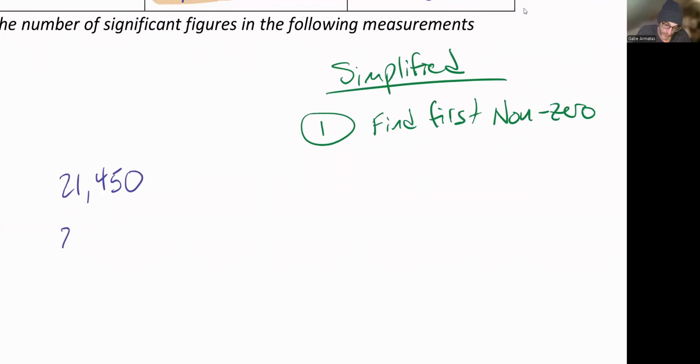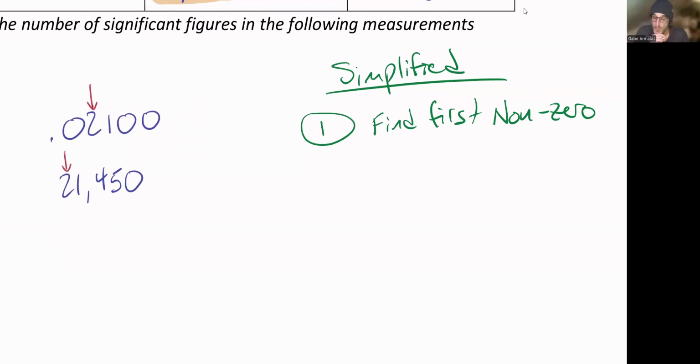And then I'm going to do 0.02100. Find the first non-zero. I'm actually going to do these in the reverse order. Up above, we're going to find the first non-zero. That's my first non-zero in that number. We can do both of these together.